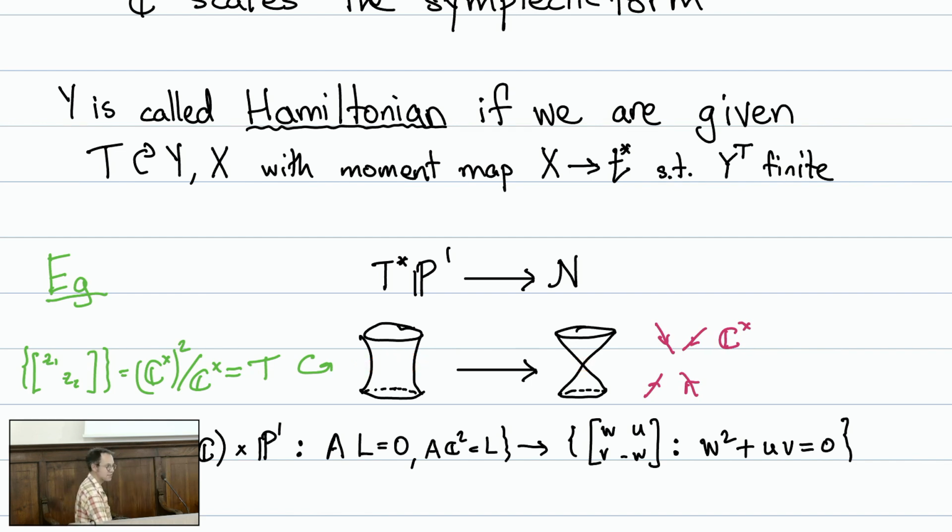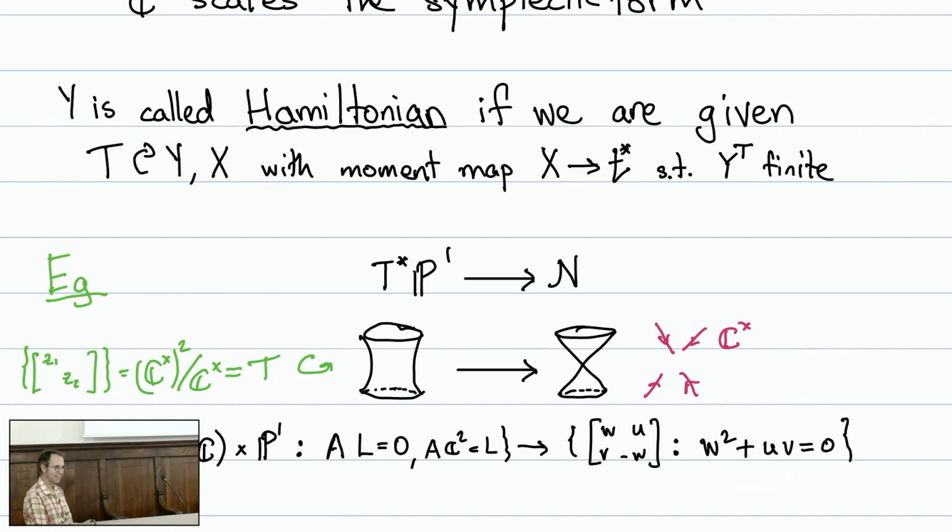I like to think of this in what I would say are linear algebra terms. So in linear algebra terms, here I represent this cone. I think of it as the nilpotent cone of SL2, which just means the set of nilpotent 2x2 matrices. So that's a nilpotent 2x2 matrix. So it has trace 0, and it has determinant 0. So a 2x2 matrix with determinant 0 and trace 0, that's a nilpotent 2x2 matrix, also known as an A2 singularity.